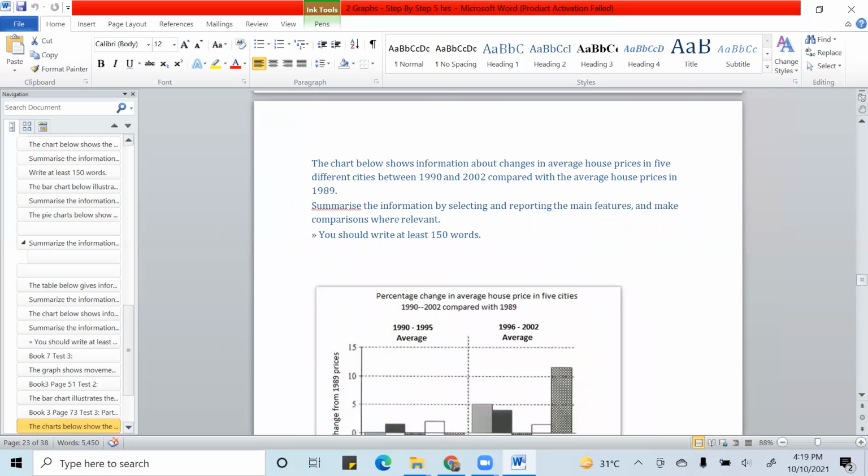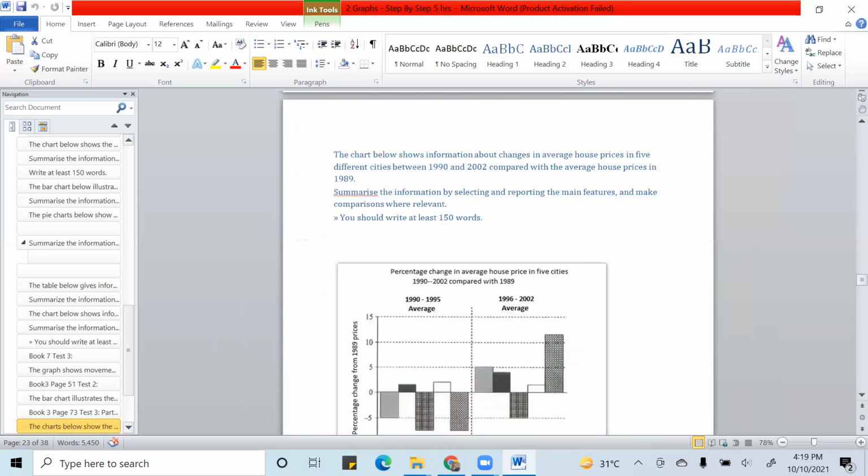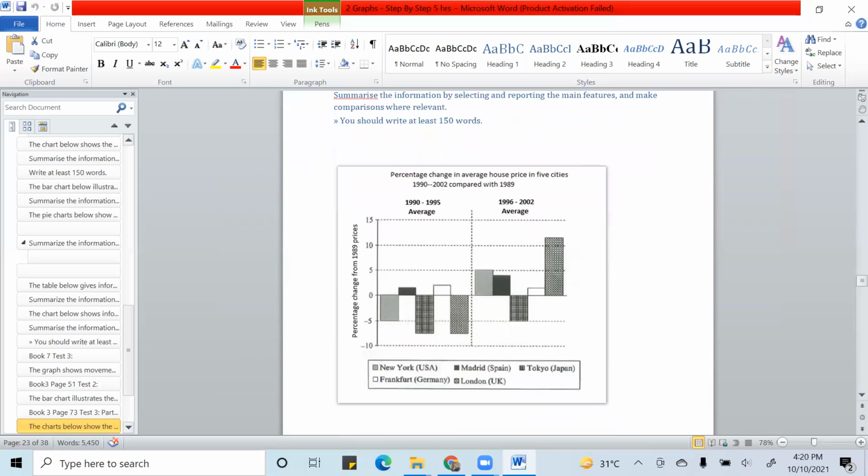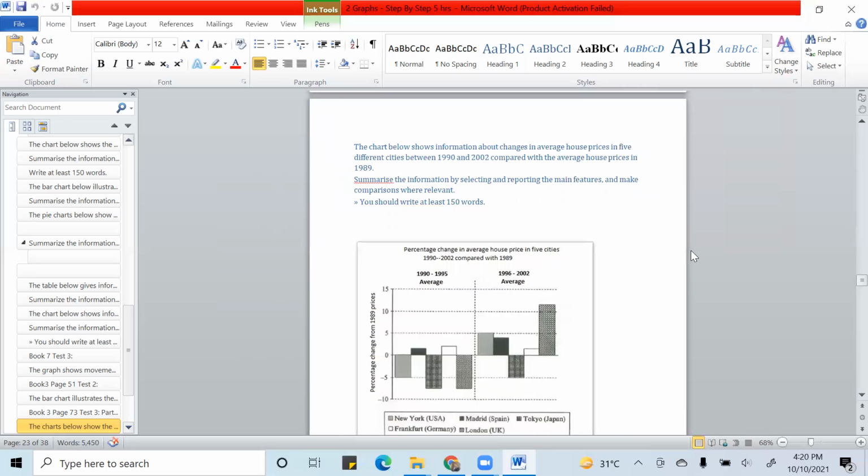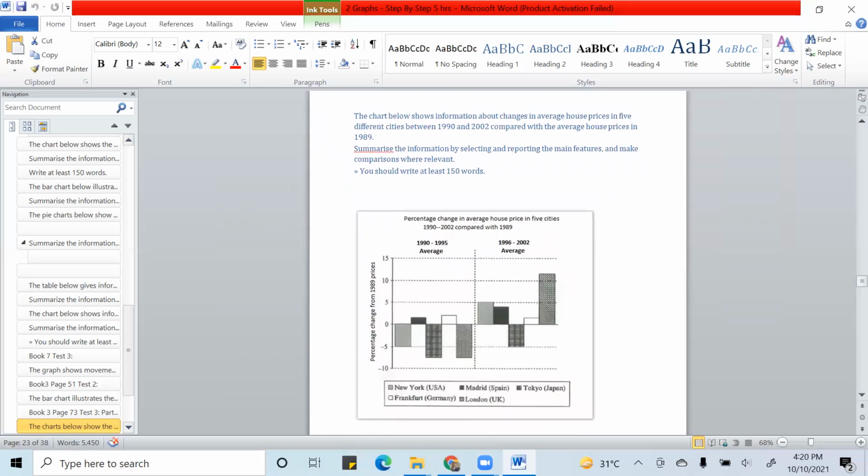What would you write on this one? If you look at this, how will you analyze and what will you write?